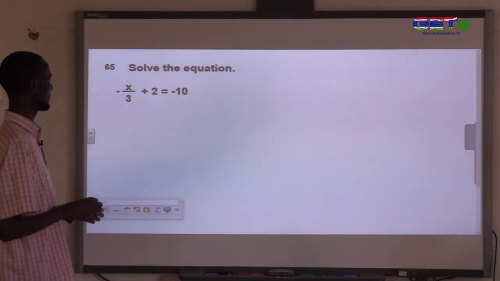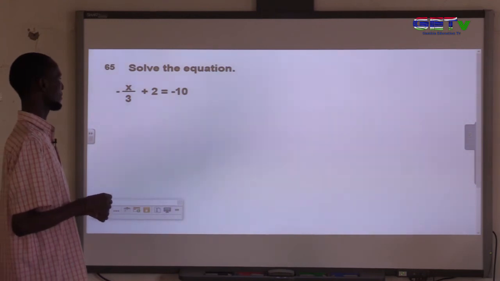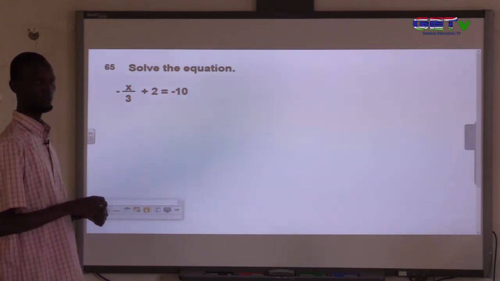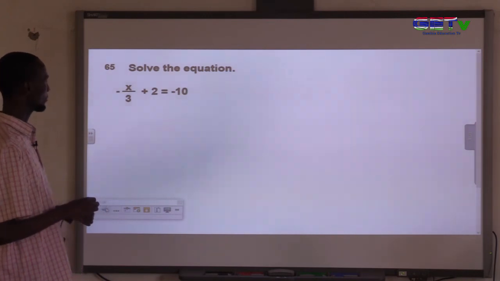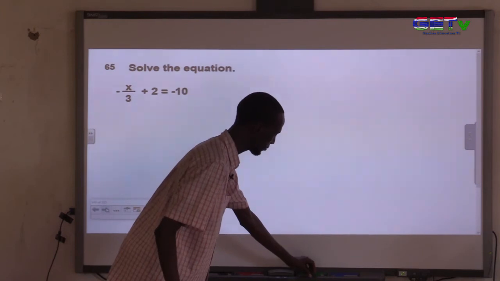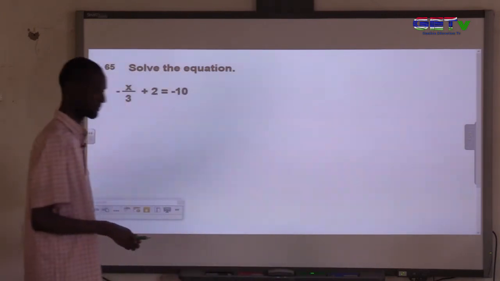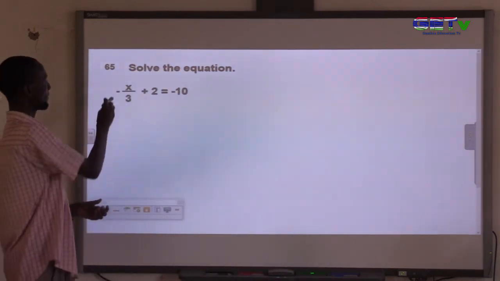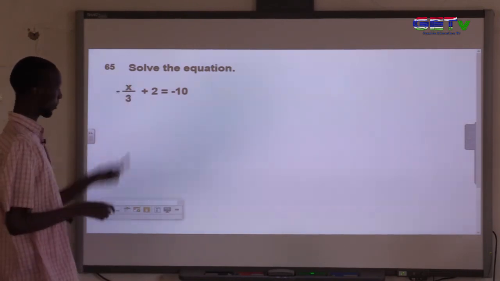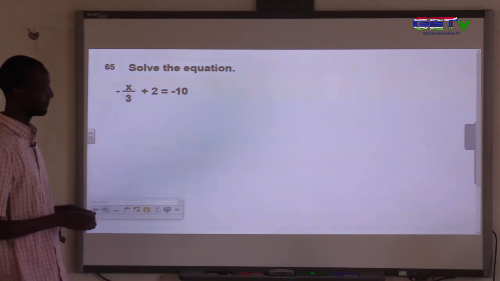Negative x over 3 plus 2 is equal to negative 10. Now, there is something we need to remember here. Where we have negative x over 3, we have gone through this before.